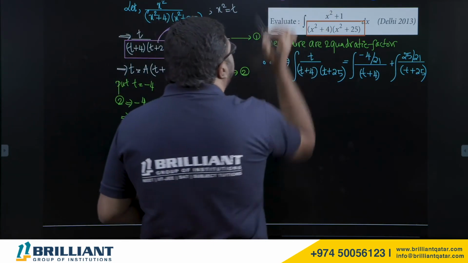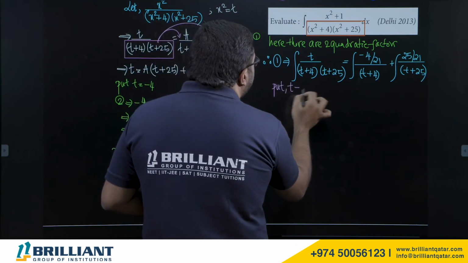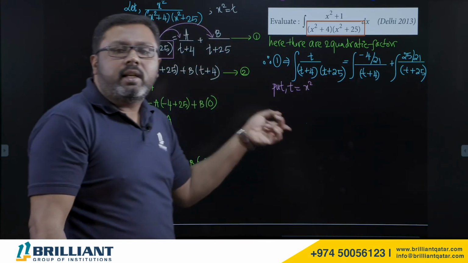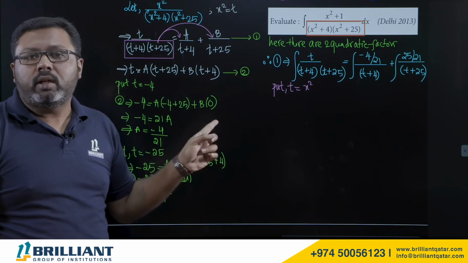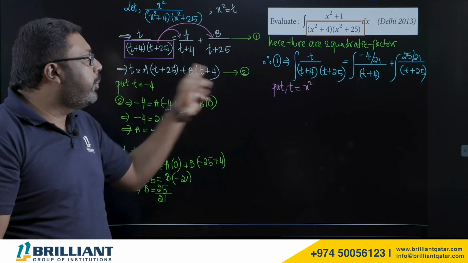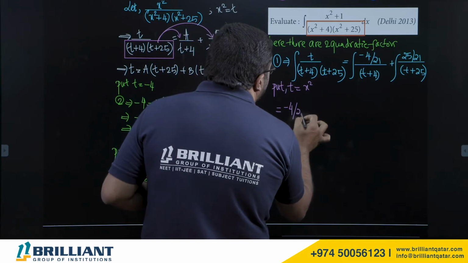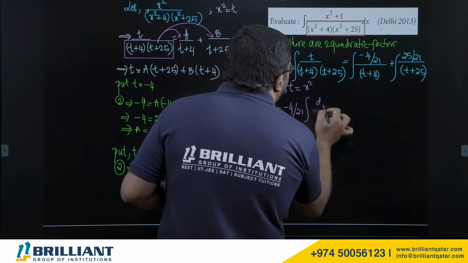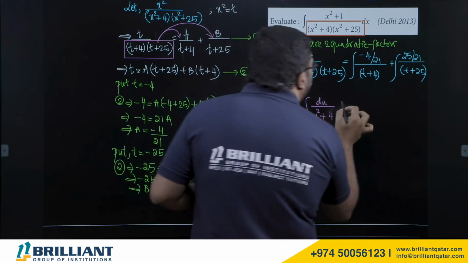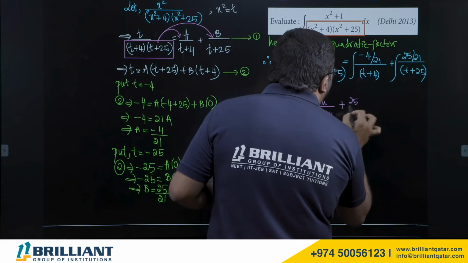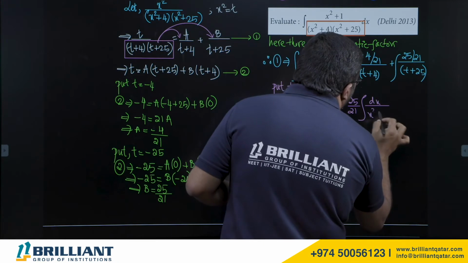But I cannot continue the integration. I have to put back t is equal to x squared, because t is equal to x squared was substituted just to do partial fractions, not the method of integration. Method of integration can be done only by putting back t is equal to x squared. That is equal to minus 4 by 21 into integral dx by x squared plus 4, and then plus 25 by 21 into integral dx by x squared plus 25.